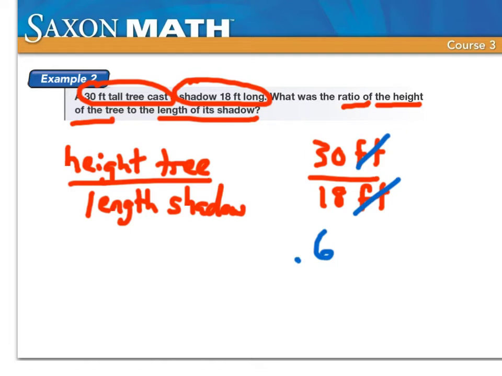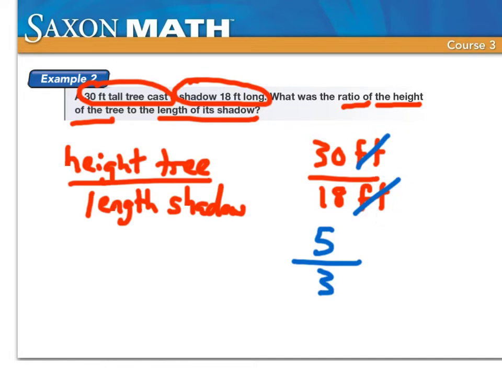Oops, sorry. Let's try that again. 6 goes into both 30 and 18. So 30 divided by 6 is 5, and 18 divided by 6 is 3. And then I don't put my labels in because they cancel each other out.